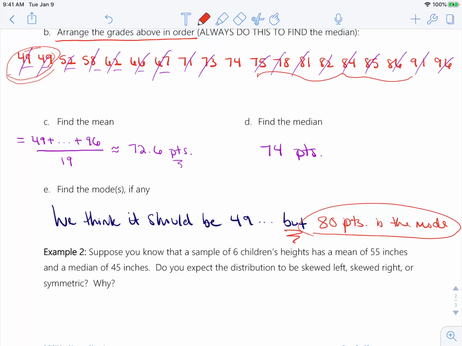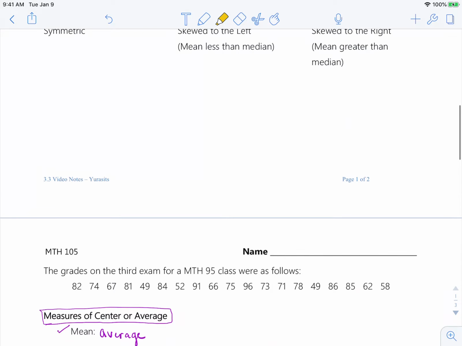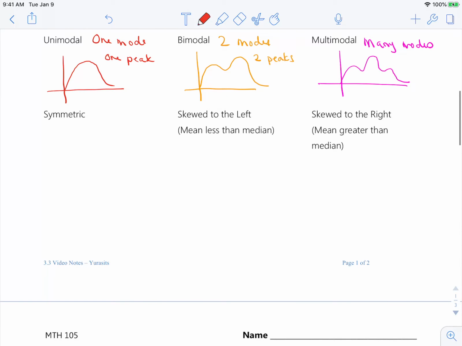So knowing this, we just learned mean, median, mode. We're going to use these three terms visually. We talked about, and I lost my graph, so I'm just going to give them to us again, something looking symmetric, okay? Something looks skewed to the left, which means you have a tail on the left end.